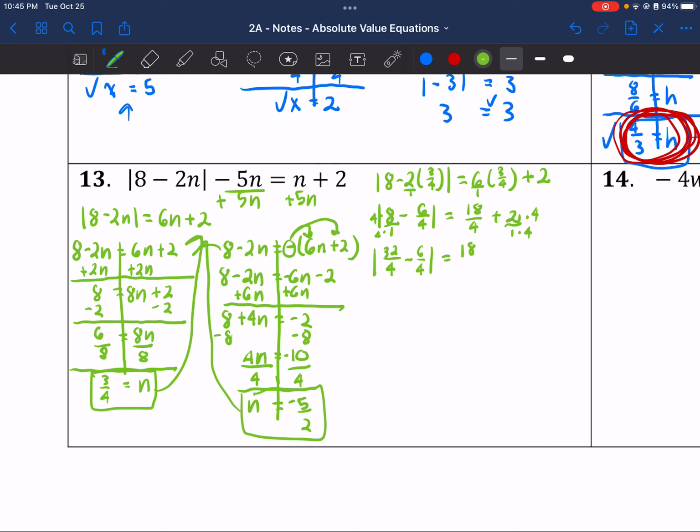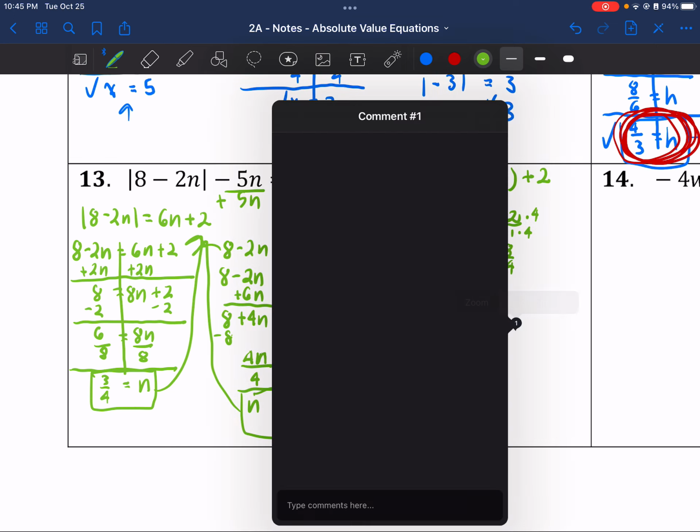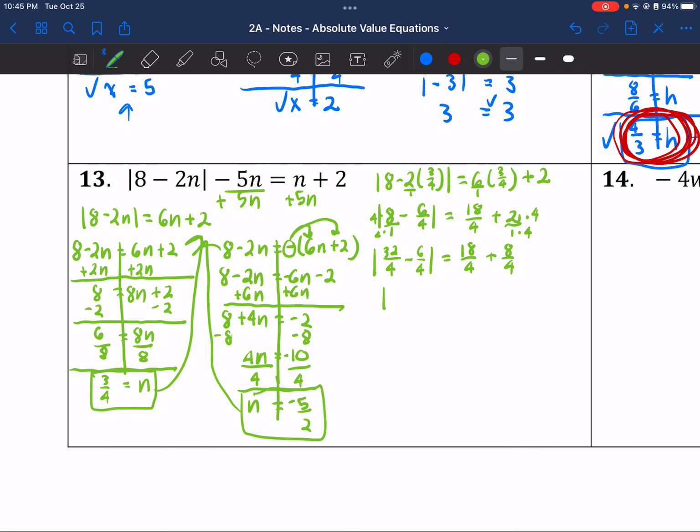We get 18 over 4 plus 8 over 4. 32 minus 6 is going to be 26 over 4.